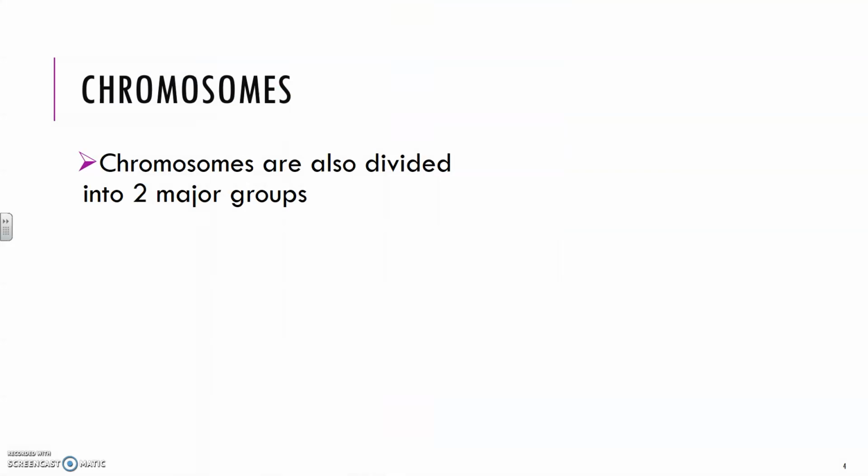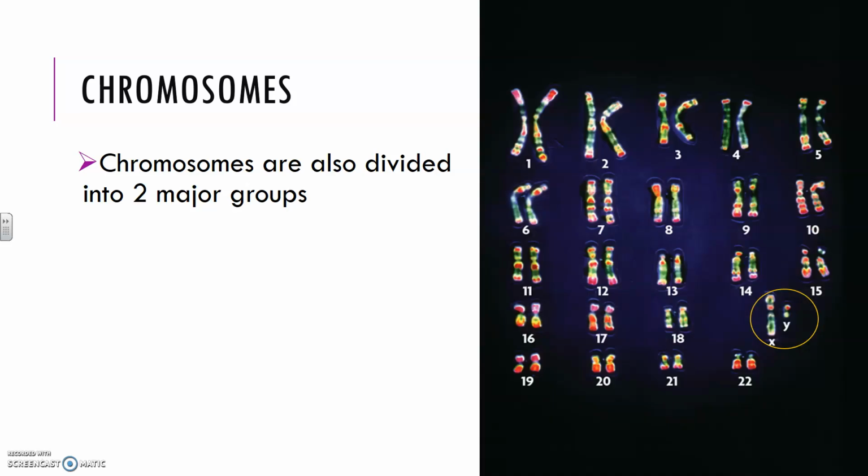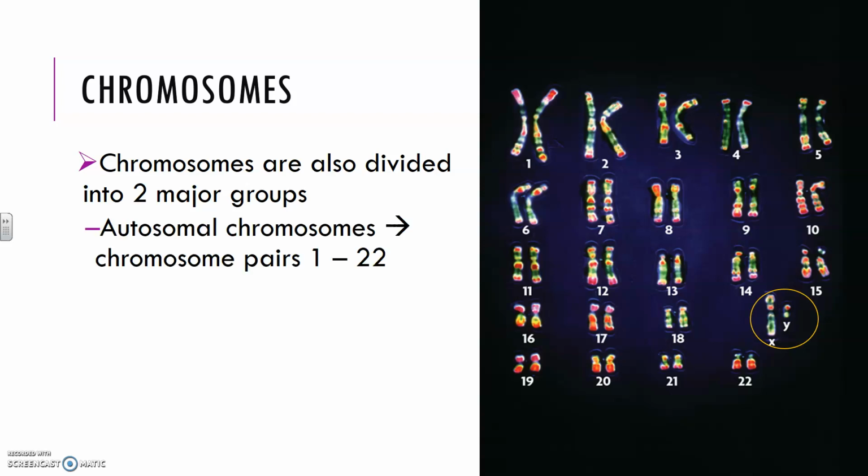The chromosomes themselves are also divided into 2 major groups. Here we have our karyotype again. You can see all 23 pairs of chromosomes, and you have your autosomal chromosomes, which are chromosome pairs 1 through 22. These are the chromosomes that carry the normal genes.